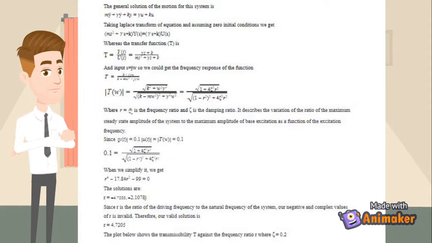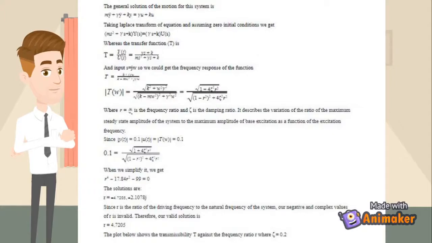Y(s) over U(s) is equal to gamma s plus k all over m s squared plus gamma s plus k. And input s is equal to j omega, so we could get the frequency response of the function.